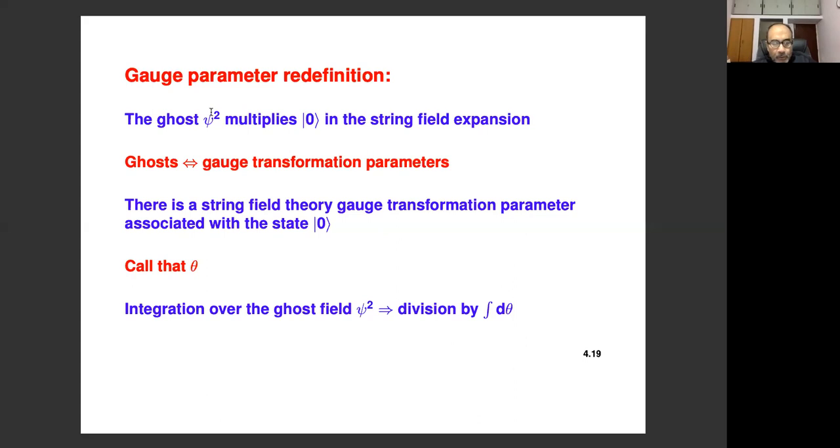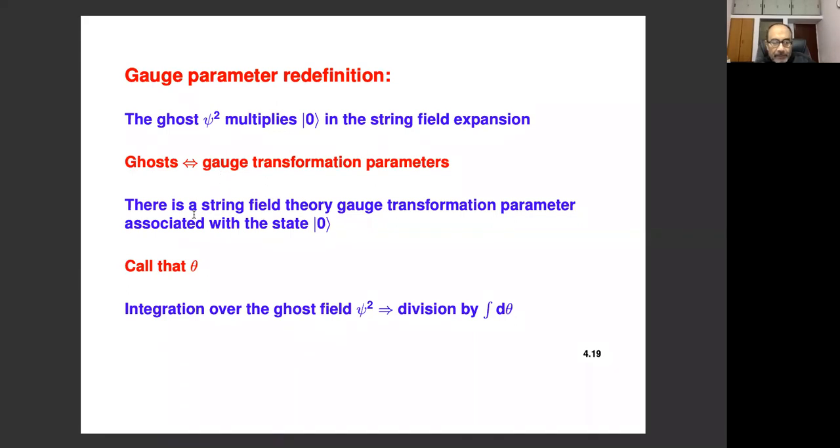But we also said that instead of thinking of this as an integral over the ghost field, we should think of it as a division by the volume of the gauge group. String field theory has a gauge transformation parameter that also multiplies this vacuum state. This is the ghost that we get when you try to gauge fix it wrongly. So let's think of the integral over psi2 as division by the volume of the gauge group.